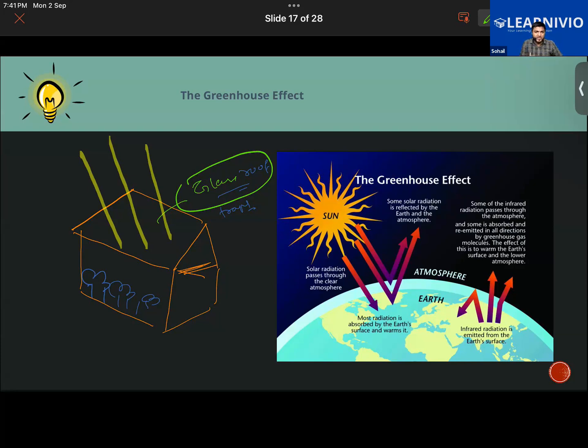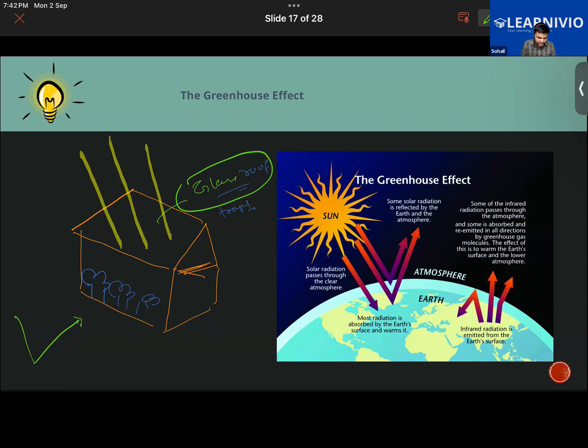As the infrared passes into the atmosphere, some of it is absorbed by the land surface and by the water bodies. Getting it? But some of it is re-emitted in all directions, meaning it is basically reflected back into the atmosphere.